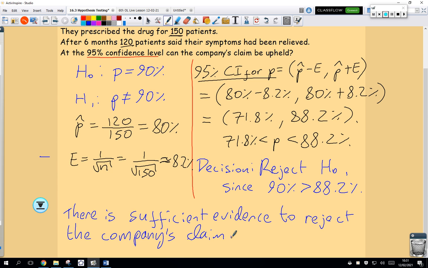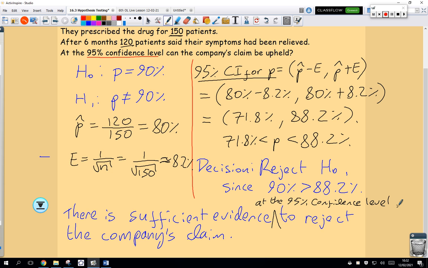Okay, I suppose I should say there is sufficient evidence at the 95% confidence level to reject the company's claim.